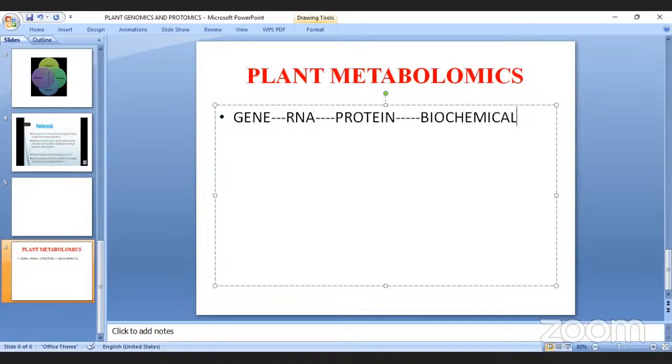As a result, there is formation of products, chemical products. The study of these chemical products is called plant metabolomics.